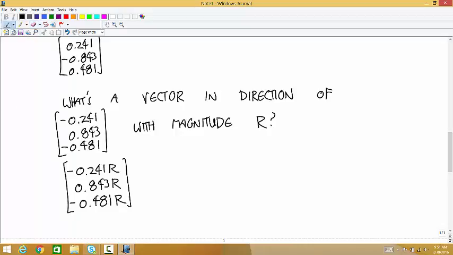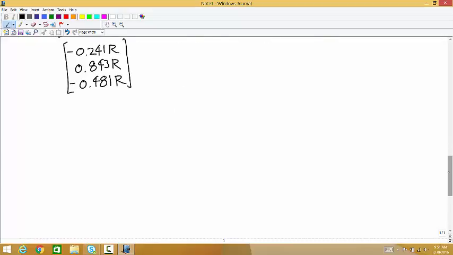Calculate the magnitude of that vector using the Pythagorean theorem. You'll see that the length is equal to R. The reason that's going to be such a useful thing to us is because it shows up in the following way. Say this is part of a free body diagram.